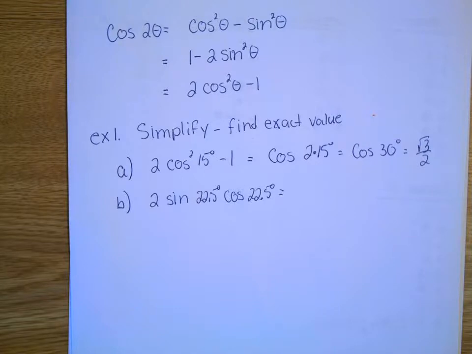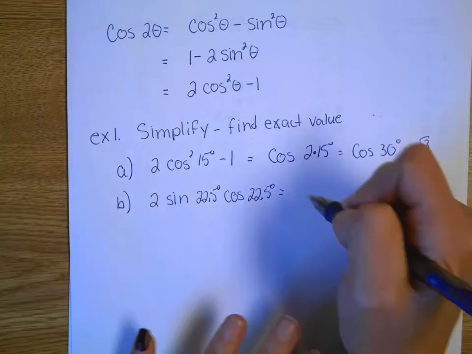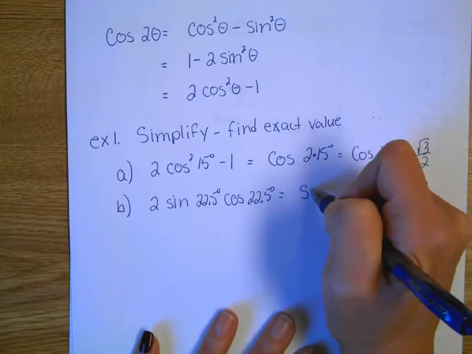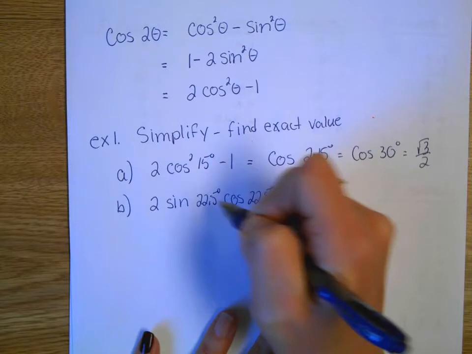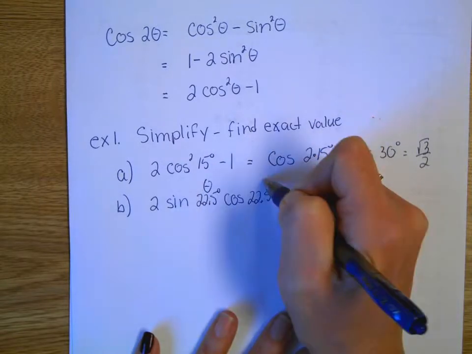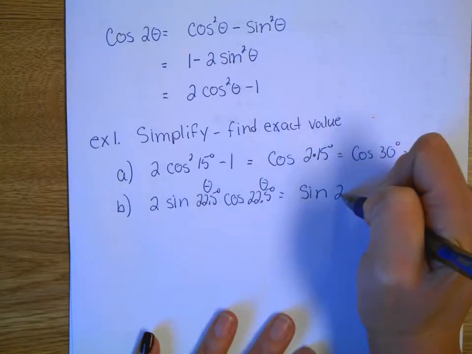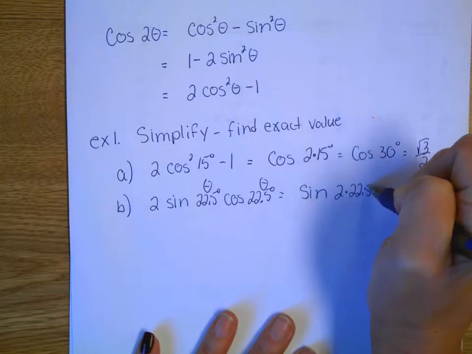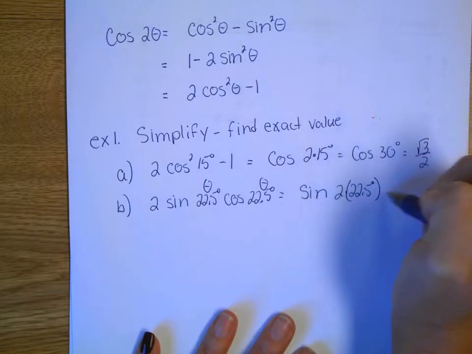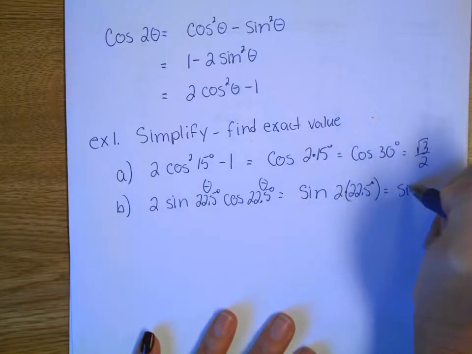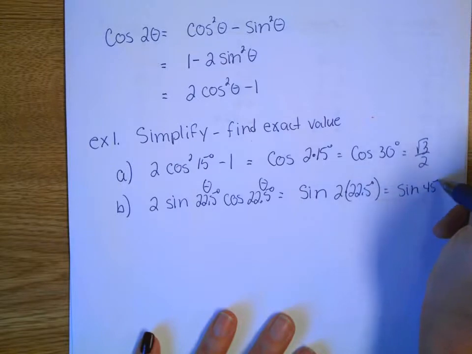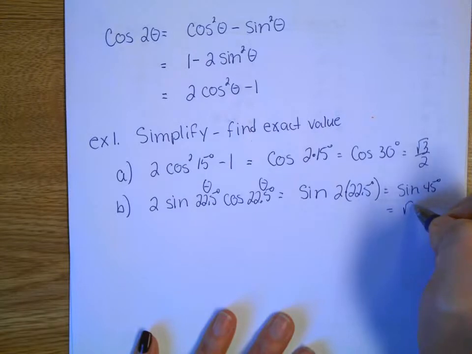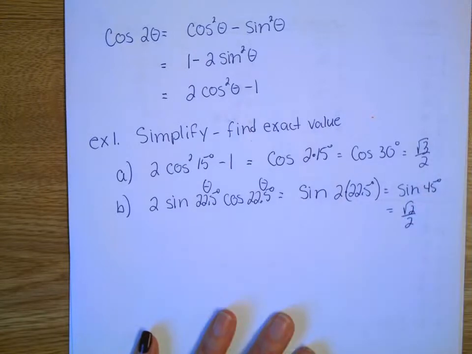Which one is it? It's the sine one, so I can rewrite it as the sine of 2 times 22.5. Sine of double my theta. My theta is this 22.5. What's 22.5 doubled? 45. What's the sine of 45 degrees? Very good. So far, so good?